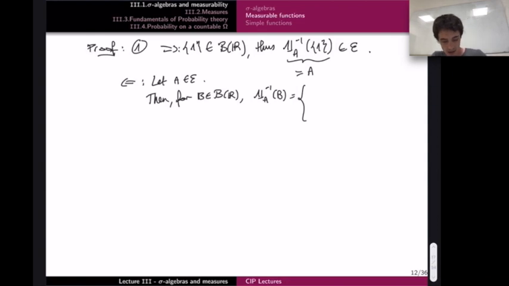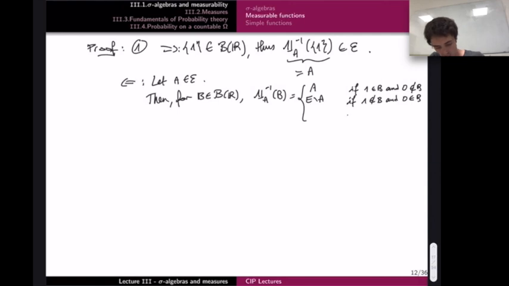The first case, let's say that 1 is in B and 0 is not in B. Then this is equal to A. Another case, so there will be 4 cases like that. If 1 is not in B and 0 is in B, then that would be E minus A.